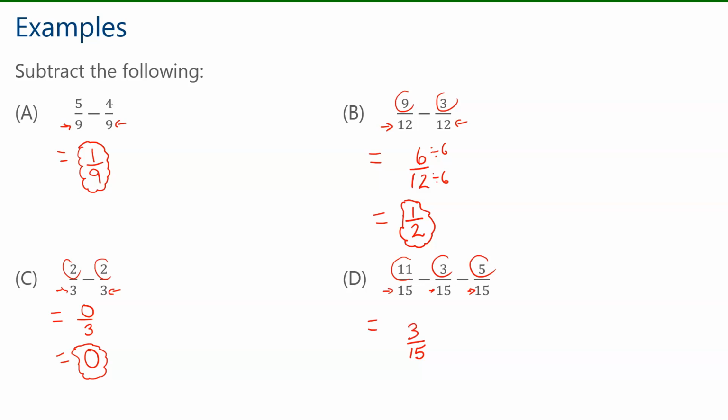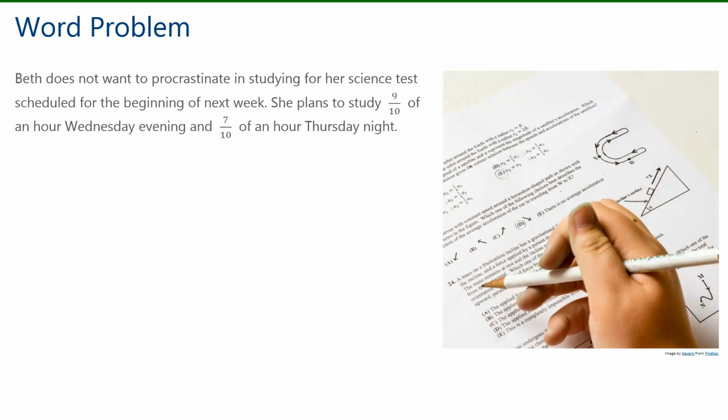So our answer thus far is 3/15. But this can reduce. GCF for 3 and 15 is 3. 3 divided by 3 is a 1. 15 divided by 3 is 5. Simplest form, 1/5.